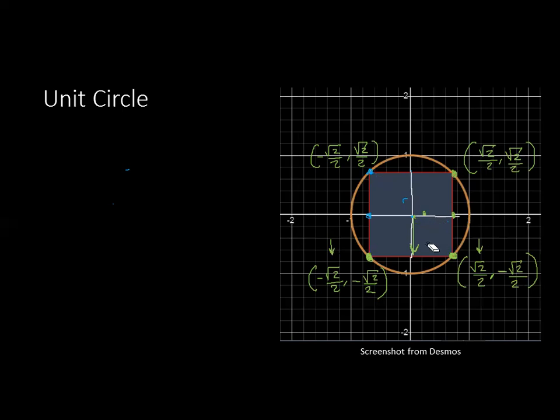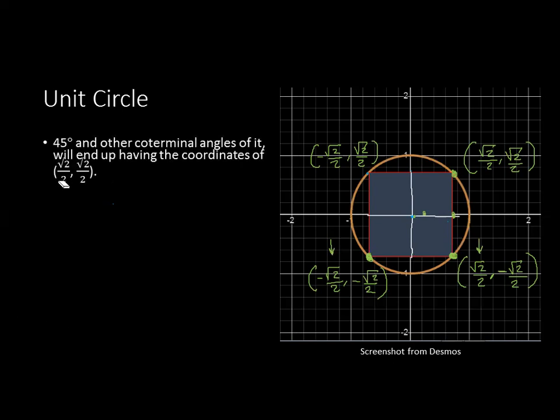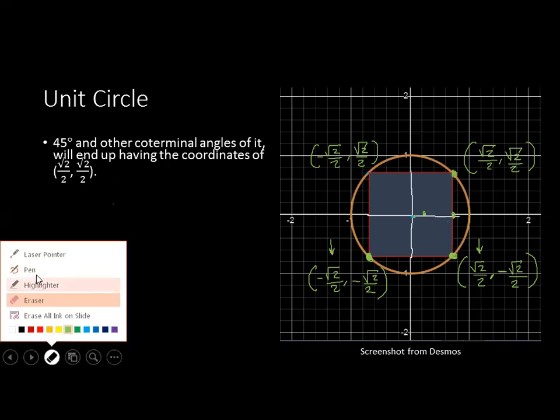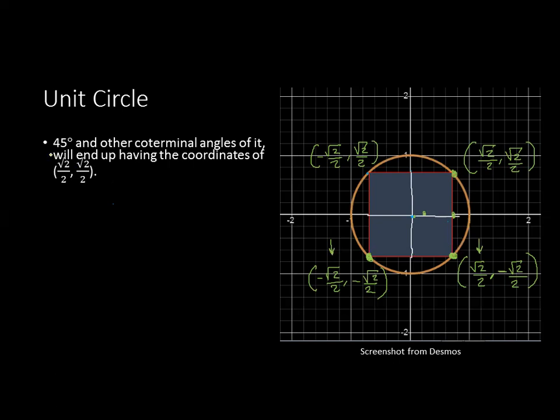So in summary, let me just erase this one. If you have 45 degrees and other coterminal angles of it, you will end up, the grammar here is wrong, but I think you get my point, you will end up having the coordinates of square root of 2 all over 2.